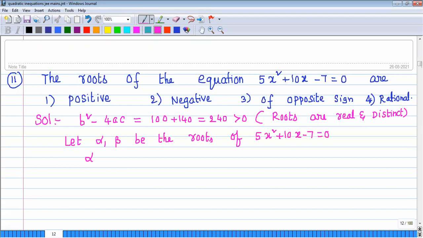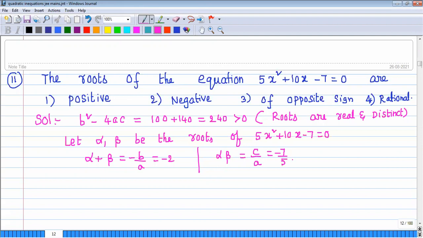Generally we can find alpha plus beta, the sum of the roots, that is minus b by a, which is minus 10 upon 5, minus 2. Product of the roots alpha beta is equal to c upon a, minus 7 by 5.